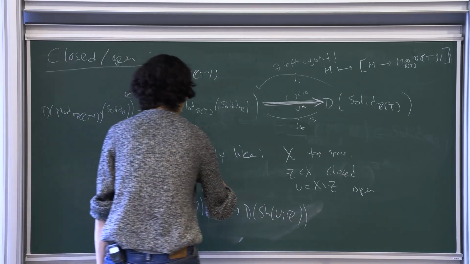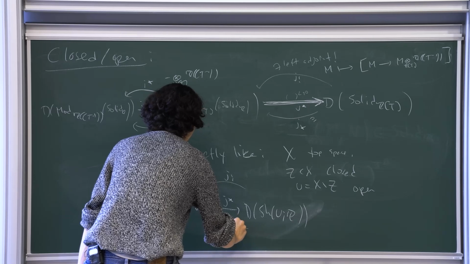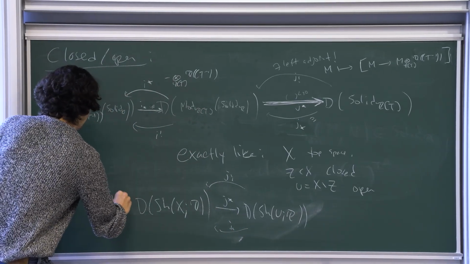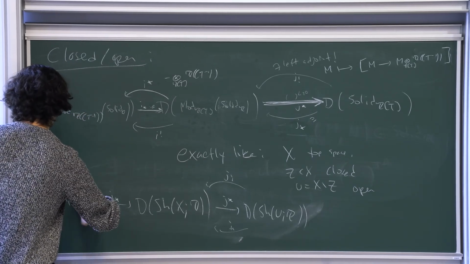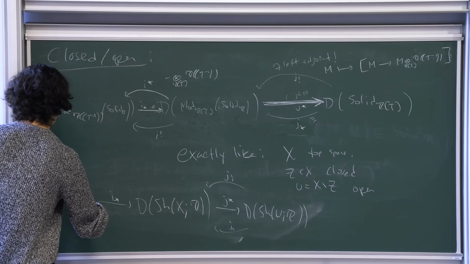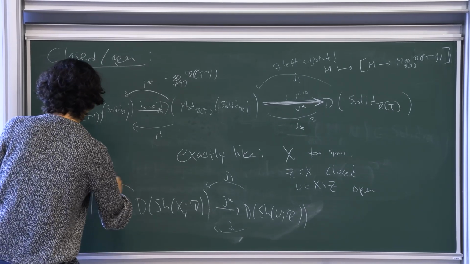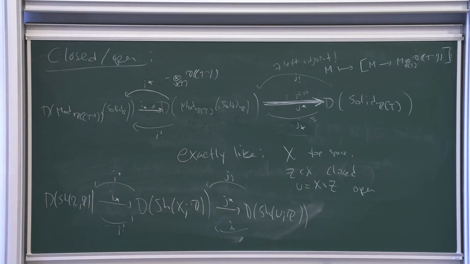You have the open over here, and this thing satisfies a projection formula. You happen to have this other one, but it's not as well behaved. And then you have i lower star from D of sheaves on Z, i upper star, and then i upper shriek. So formally speaking, it behaves exactly the same way.